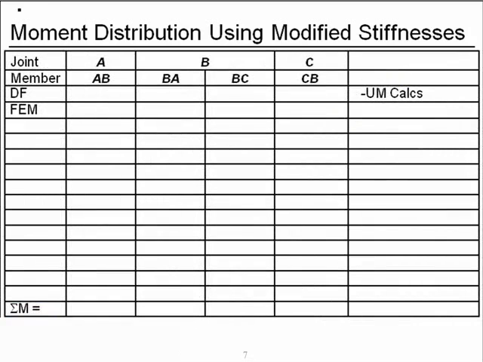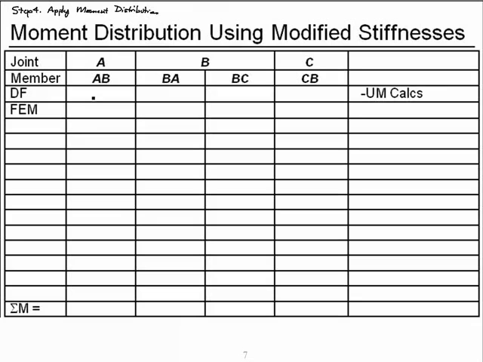Now for step 4, which is to apply moment distribution. And so I've created a worksheet for our structure and for our calculations, a column for each joint or node and each member that meets at that node.